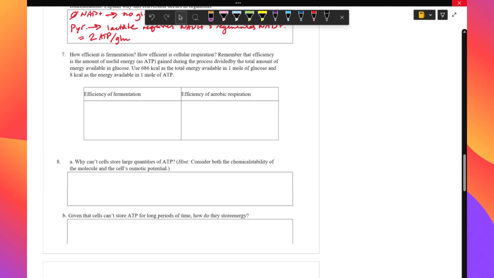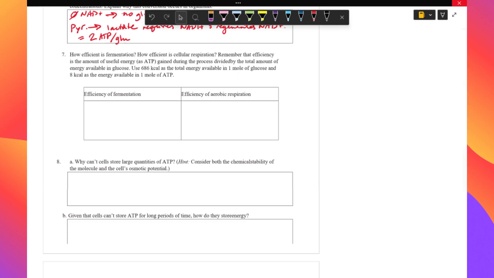So we've been doing these accounting steps, and now that accounting is going to be important. How efficient is fermentation? How efficient is cellular respiration? Remember that efficiency is the amount of useful energy as ATP gained during the process divided by the energy of glucose.